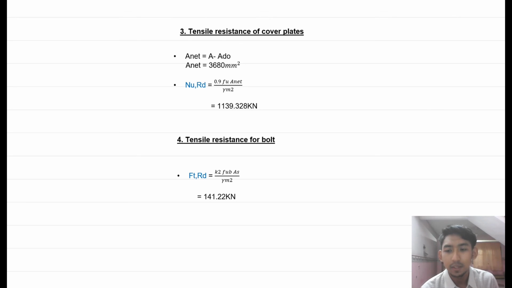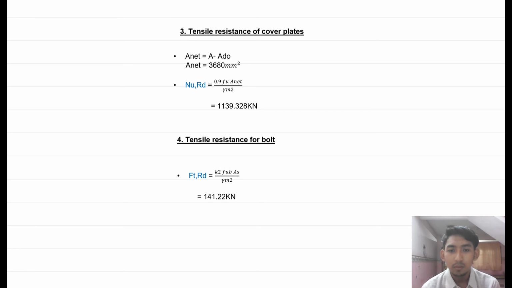After that, we find the tensile resistance of the cover plate. The formula for ANET is area minus area of bolt holes. So ANET is 3680 mm square. The NURD formula is 0.9 FU times ANET over gamma M2. NURD we got 1139.328 kN.